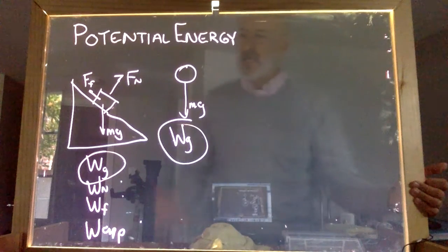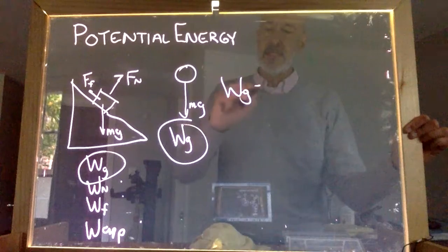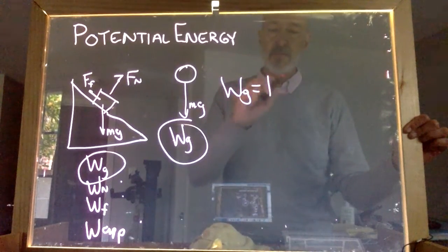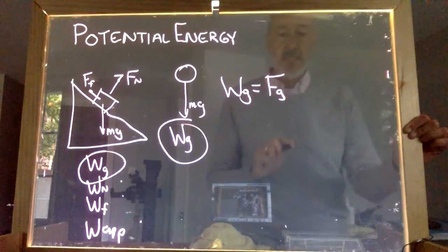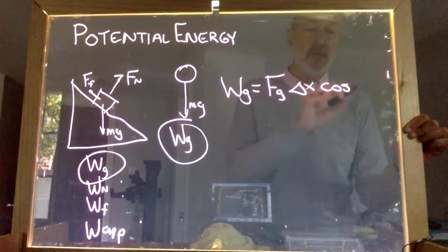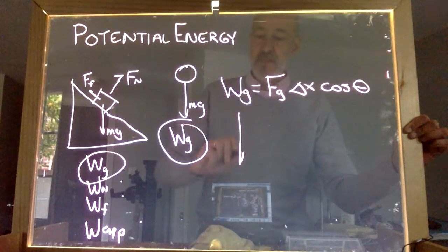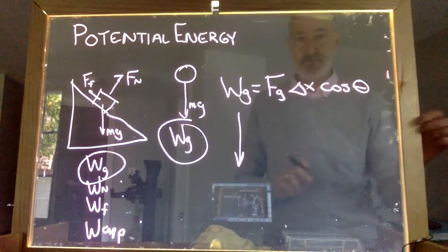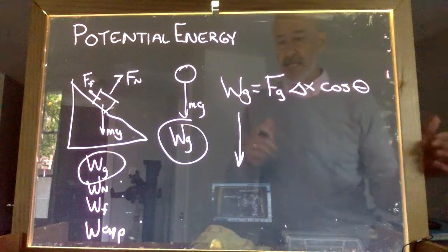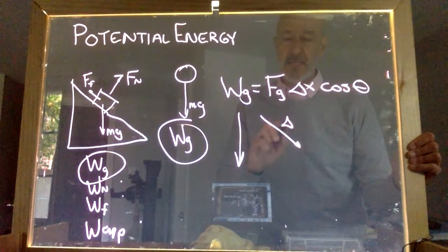And gravity does an amount of work. If we think of the work done by gravity, it's going to be the force of gravity, mg, times the displacement, times the cosine of the angle in between those two things. Well, the force of gravity is always down, okay? And if you think of, let's just say going down the ramp, let's say that's the displacement.